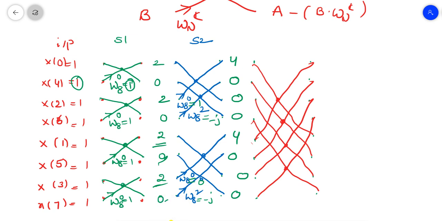Here my twiddle factors are W8 to the power of 0, W8 to the power of 1, W8 to the power of 2, and W8 to the power of 3.